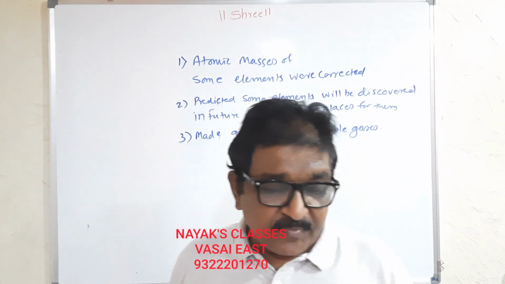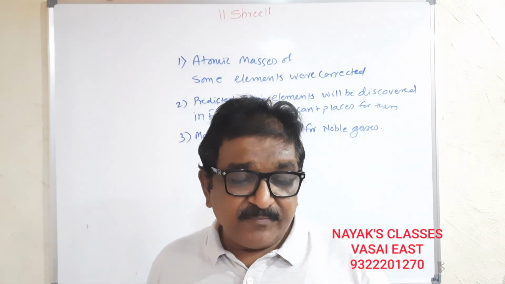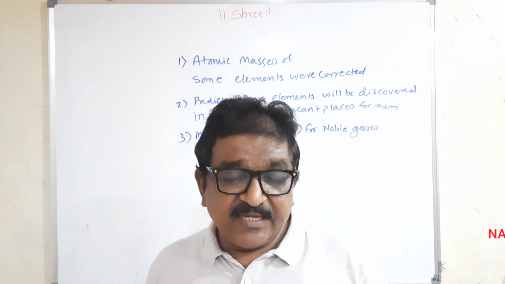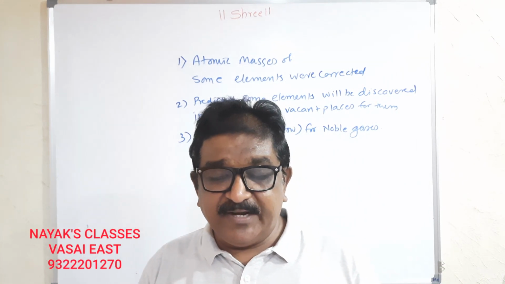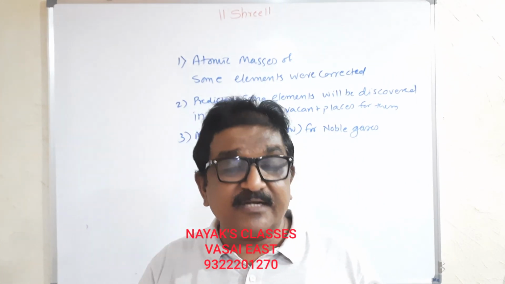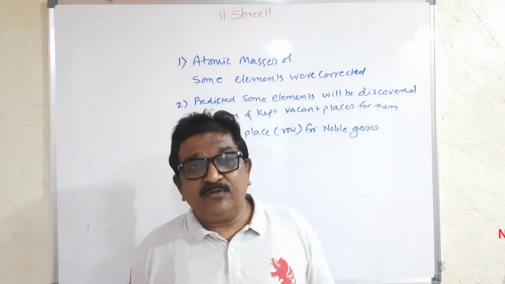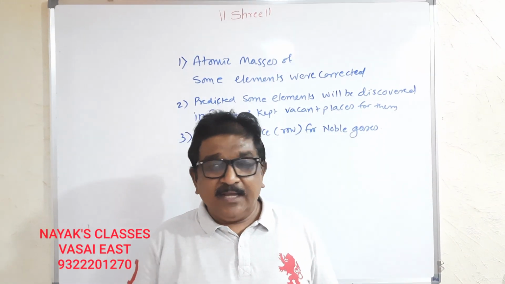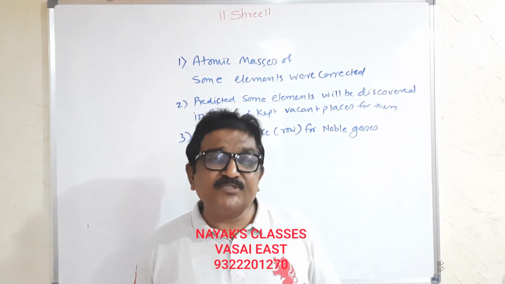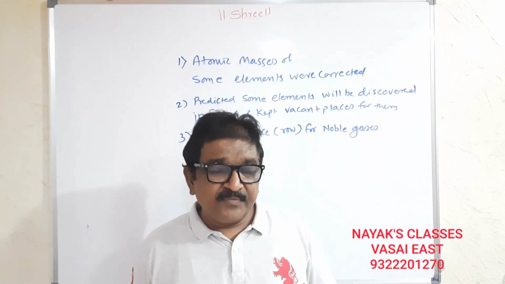So let us see what he said, what he has done. Merit number 2: Mendeleev kept vacant places in the periodic table for elements not discovered till then. Great fellow. He said, I am keeping some empty spaces in my table.